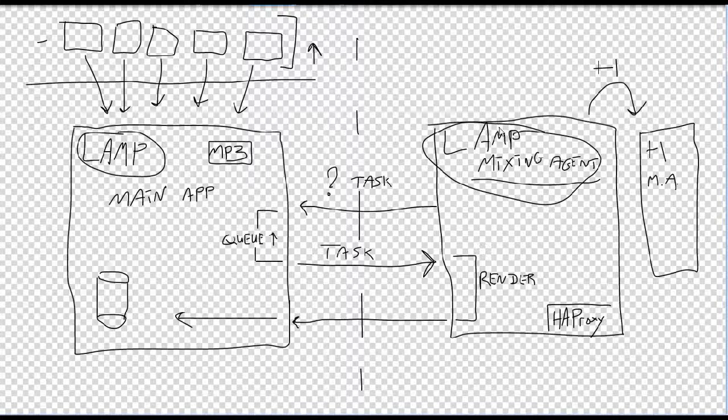So after it will multiply itself, then this one will not have a high availability proxy, only the first.